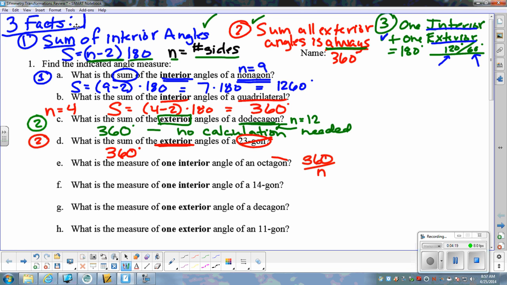In this case, we have an octagon, so it will be 8. If I take 360 and divide that by 8, that will give me one exterior angle. One exterior angle of an octagon is 45 degrees.